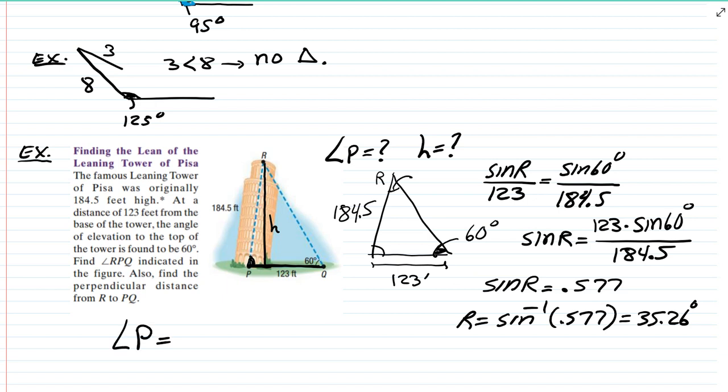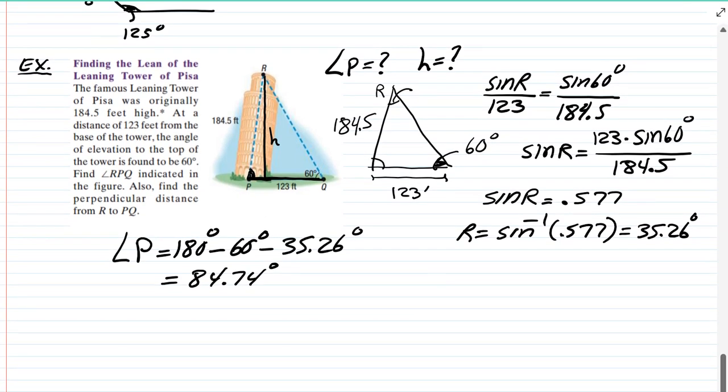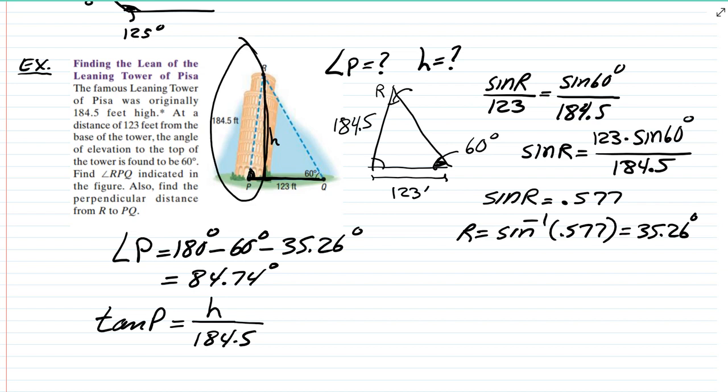Now I can find the measure of angle P, right? Angle P is going to be 180 minus 60 minus R, which is 35.26 degrees. And the measure of that angle is going to be 84.74 degrees. So how am I going to find H again? The tangent I said earlier: tangent of P is going to be H over 184.5. I'm looking at this triangle now.